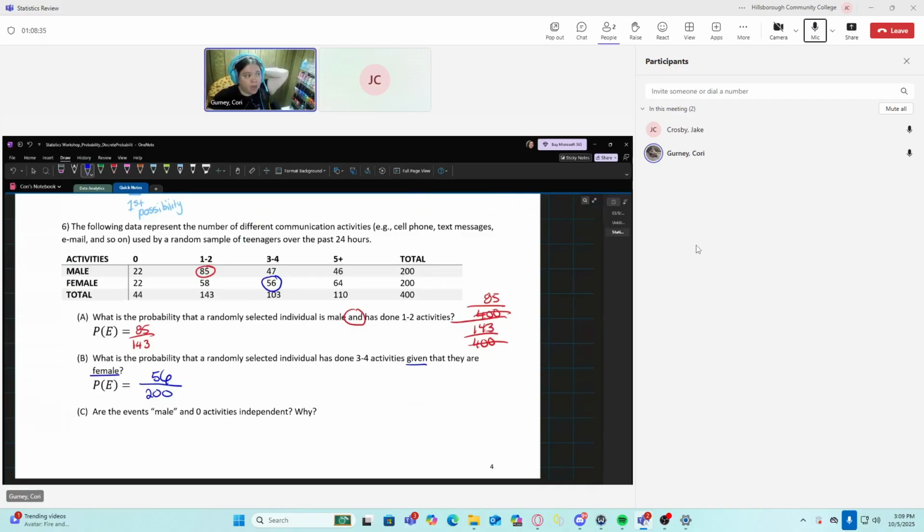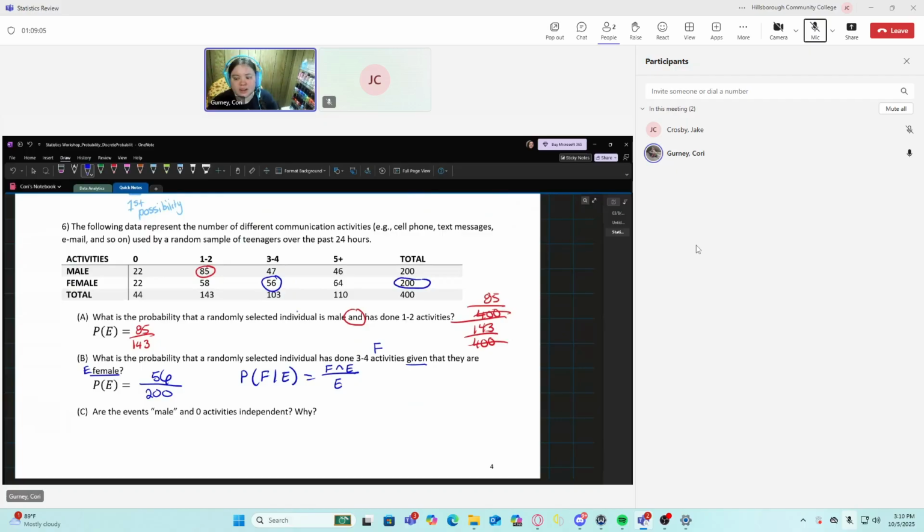Nope. Because you're saying this is event F and this is event E. So if I do the probability of F given E, it's going to be 56, their intersection. So we usually write that with the little n, their intersection, over E. Well, what's the total of E? It's 200. It's not the 103.